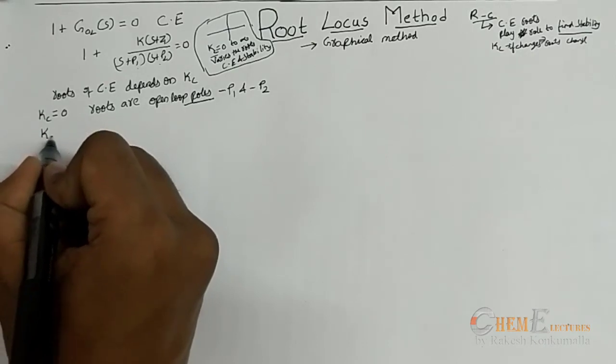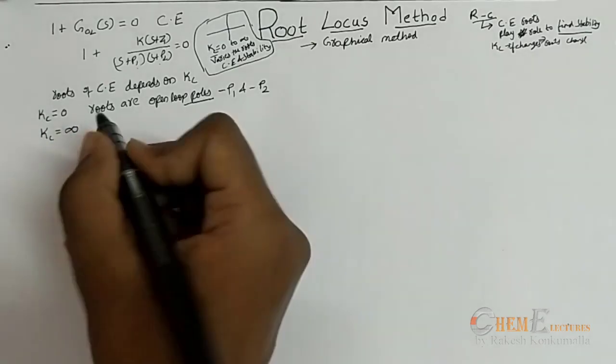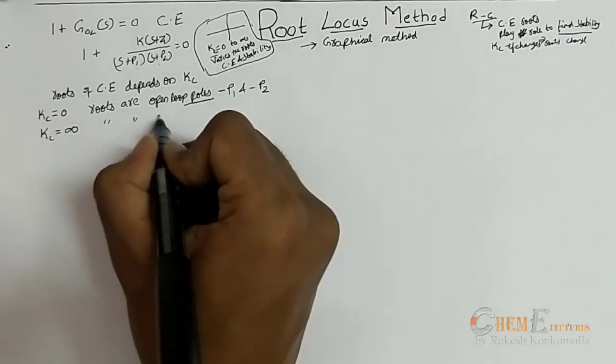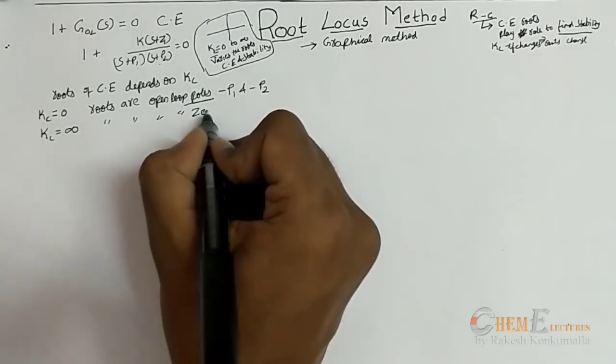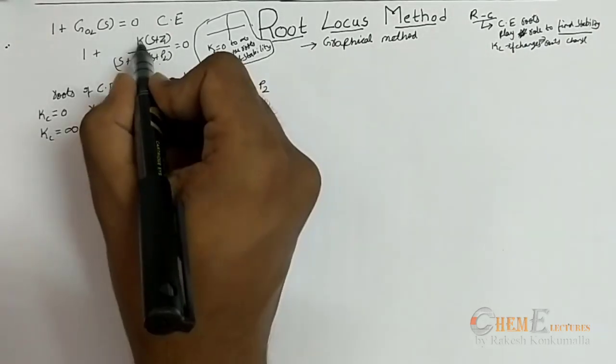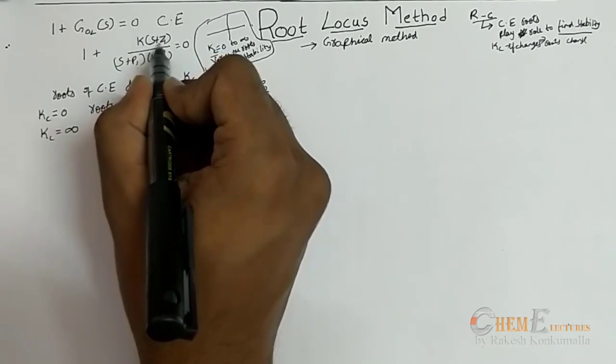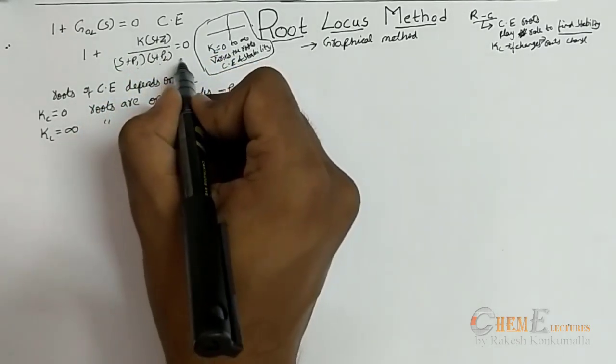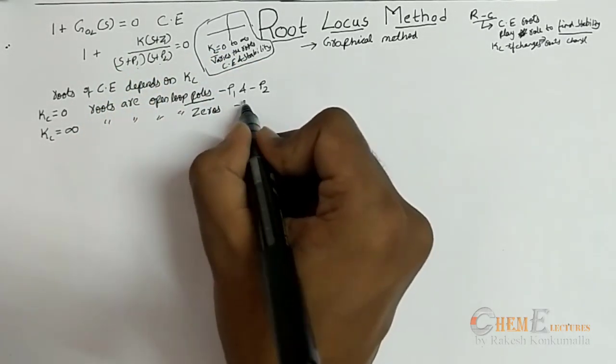And similarly, when Kc is equal to infinity, then the roots are the open loop zeros. Substituting Kc equal to infinity, then my s plus z1 will be 0, so the root will be minus z1.